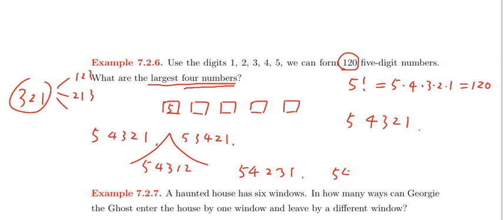Then 5, 4, 2, 1, 3. So I think the fourth largest should be this, right? The largest is 5, 4, 3, 2, 1, then 5, 4, 3, 1, 2, then 5, 4, 2, 3, 1 or 5, 4, 2, 1, 3.